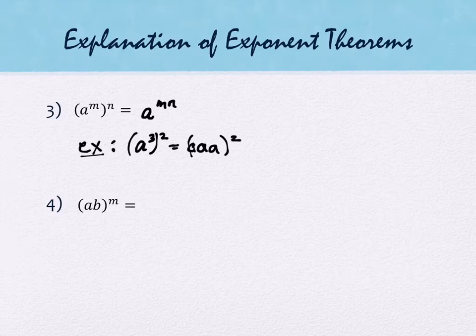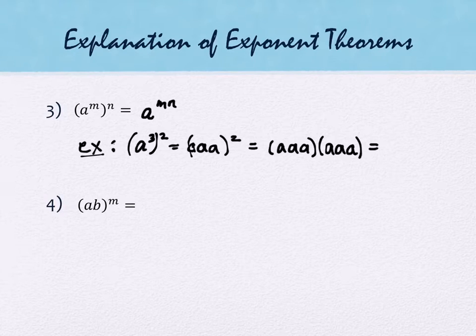And what does it mean to square something? To do it twice. So now I have a times a times a and another a times a times a. I've currently got them written in parentheses. They don't really have to be. I'm just making sure you see that that's where they came from. But how many a's do I actually get out of this? 6. And how do I get from 2 and 3 to 6? Multiply.